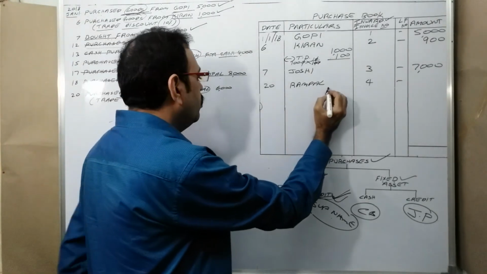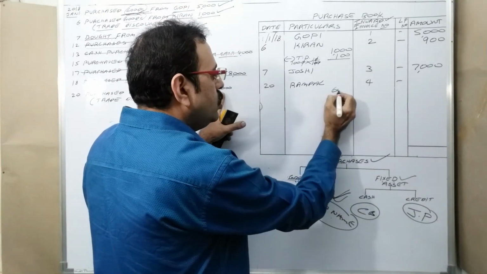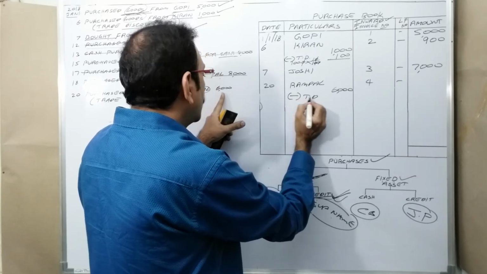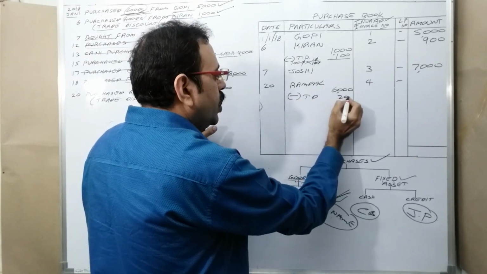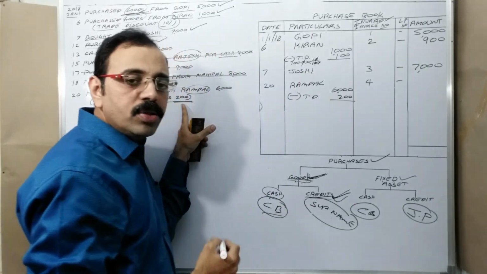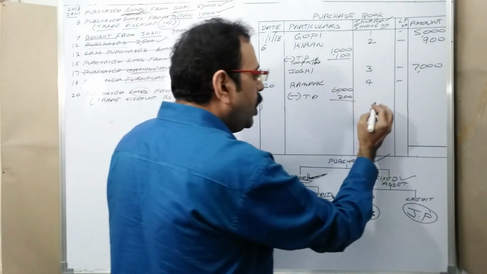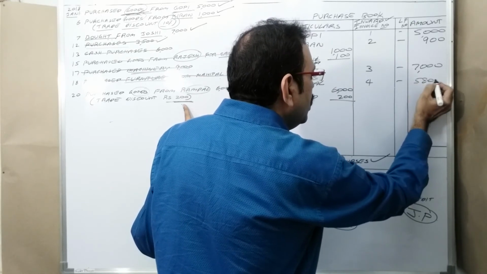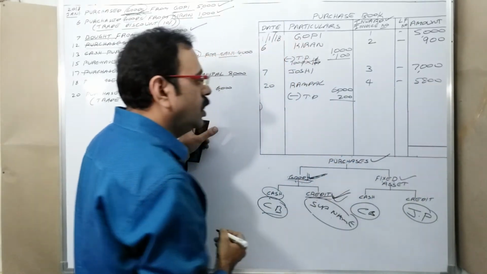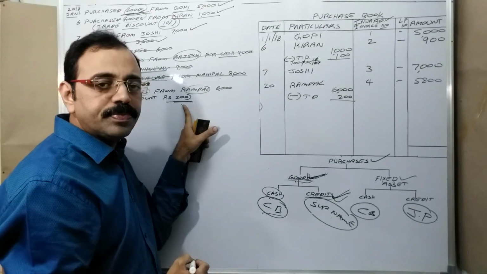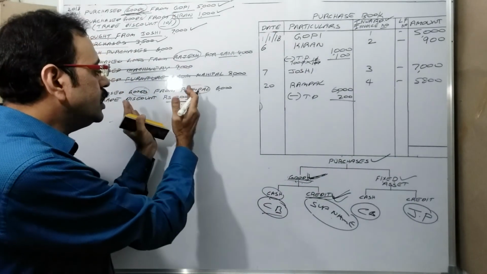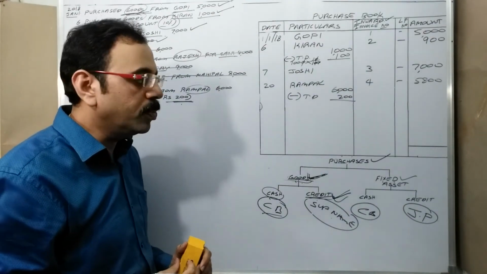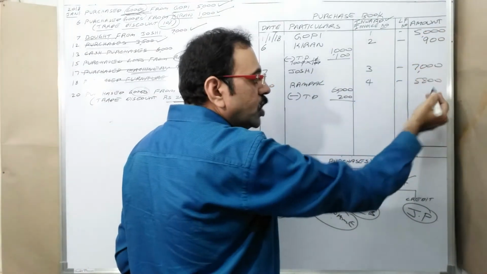So in the inner column, take the transaction amount minus trade discount. We need not calculate, directly write down the discount amount here and the remaining amount in the outer column. How much is it? 5,800 rupees. Clear? Then we entered all the transactions in the purchase book. Next, what to do? The amount columns you have to total.